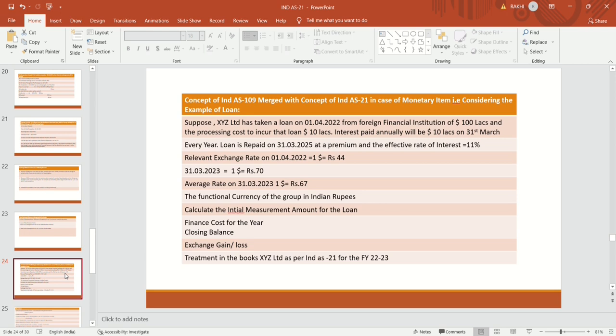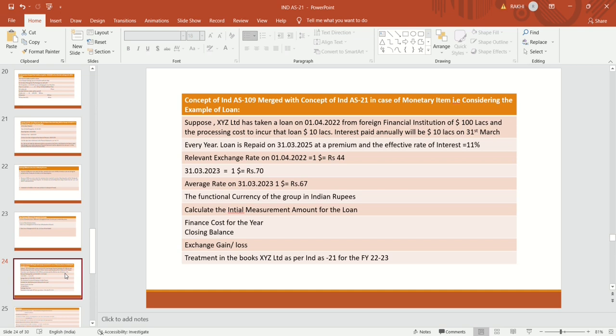Suppose XYZ Limited has taken a loan on 1st April 2022 from a foreign financial institution of $100 lakhs. To take that loan, they incur some processing cost, which is $10 lakhs.